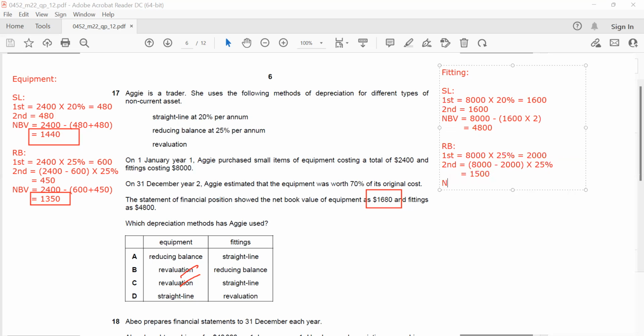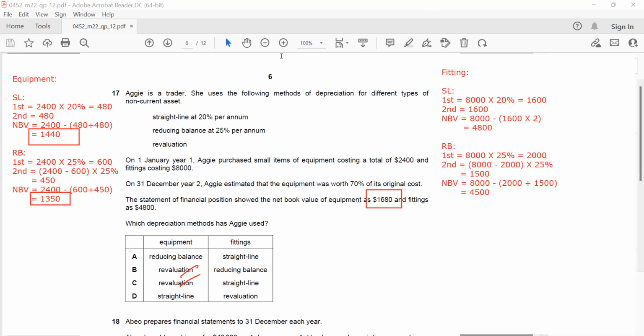So net book value will be 8,000 minus 2,000 plus 1,005. Let me count. 8,000 minus 3,005, 4,005. So this is the book value that we get.